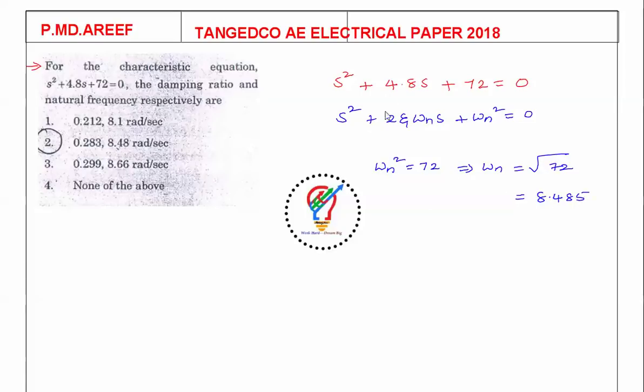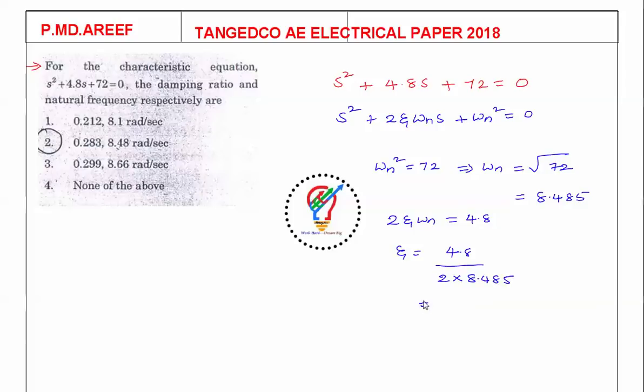Now comparing these two terms, 2 zeta omega n is equal to 4.8. Now zeta is equal to 4.8 divided by 2 into 8.485.